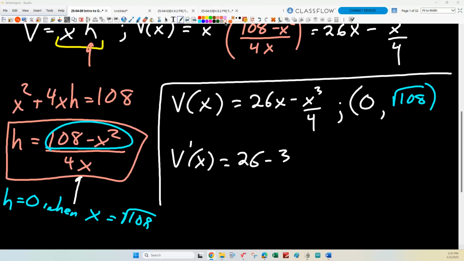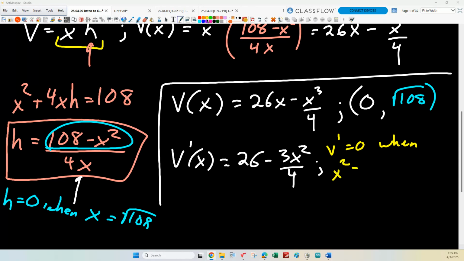Okay. Agreed? Okay, so when's that 0? Yeah, that would be when x squared equals 4/3 times 26, right? So what's that going to be?